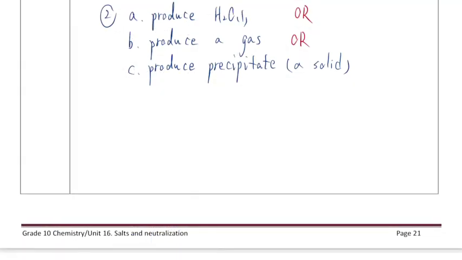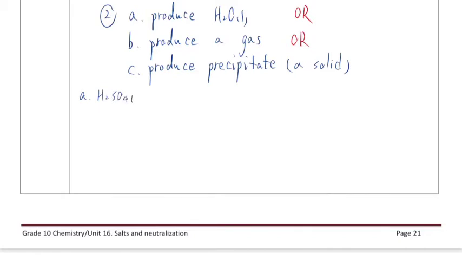Let me give you some examples here. Okay, so we can have a double displacement that generates water, so this reaction would take place. So for A, a common example would be neutralization reaction between acid and alkalines.